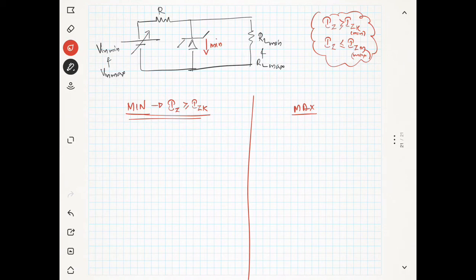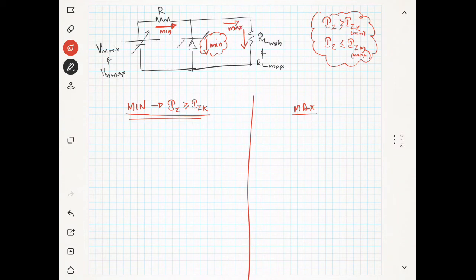The minimum current through the Zener diode will happen only if the supply coming from the source is minimum, and the current through the Zener diode will be minimum if the current through the load, that means this current, is maximum. Is it clear?